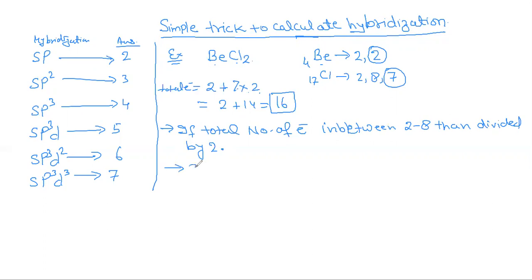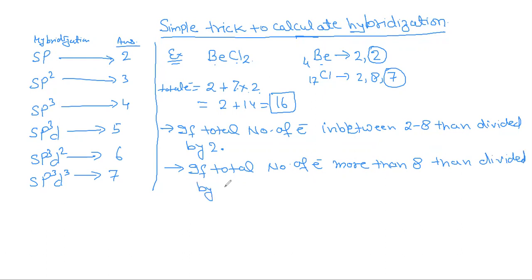Second point, if the total number of electrons is more than 8, then divide by 8. These are the simple things.